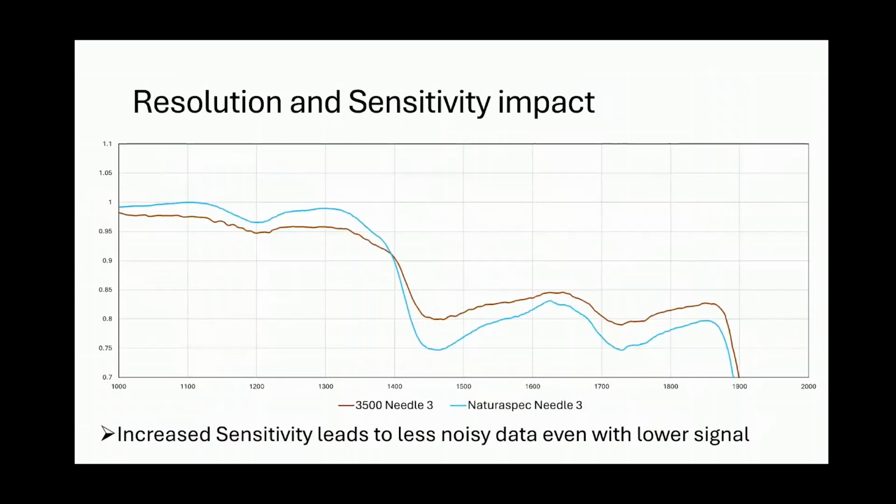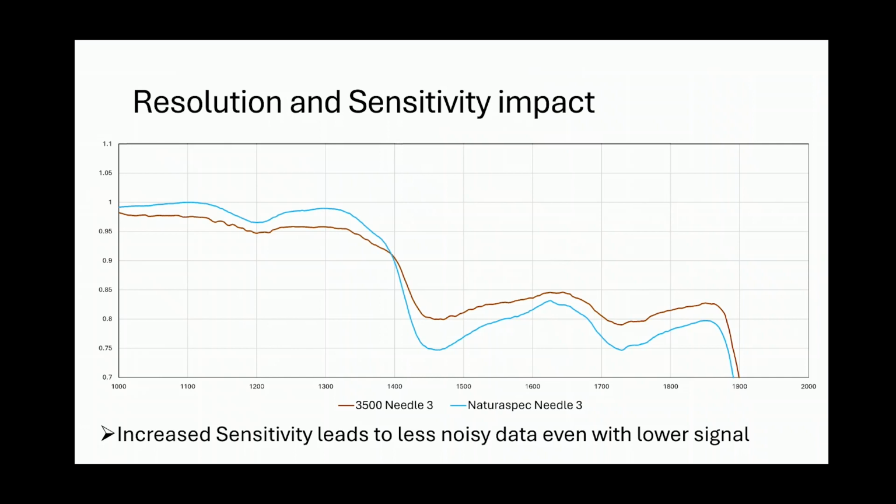So here we're able to compare the resolution and sensitivity impact from using the two different instruments. The brown curve is the 3500 instrument, and the blue is the NaturSpec, the higher resolution instrument.